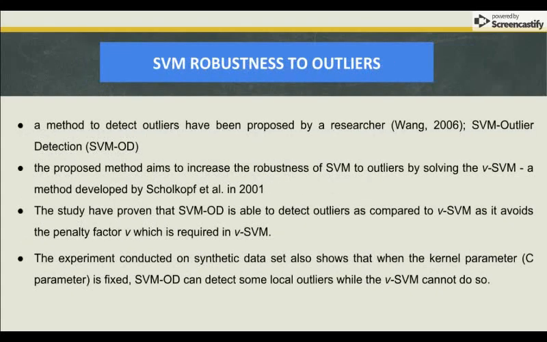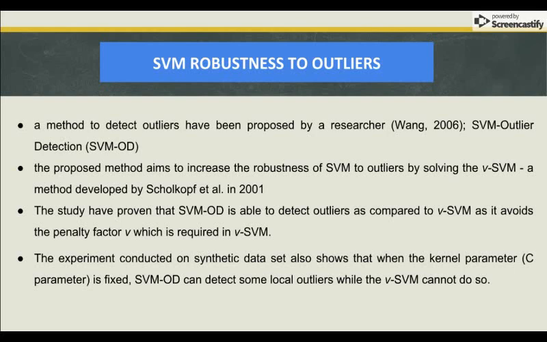SVM robustness to outliers. A method to detect outliers was proposed by a researcher named Wang in 2006. It is called the SVM outlier detection, SVM-OD. The proposed method aims to increase the robustness of SVM to outliers by solving the VSVM, a method developed by Scholkopf et al. in 2001.